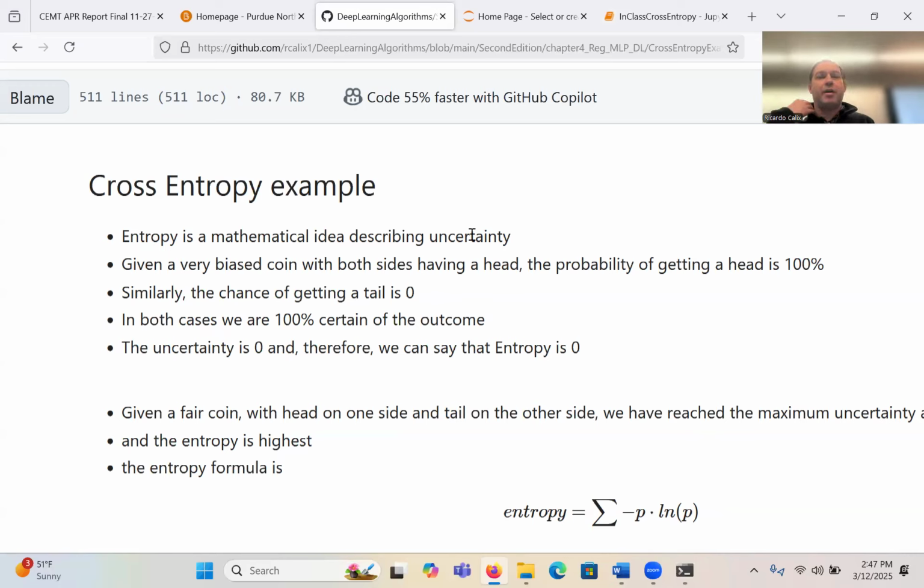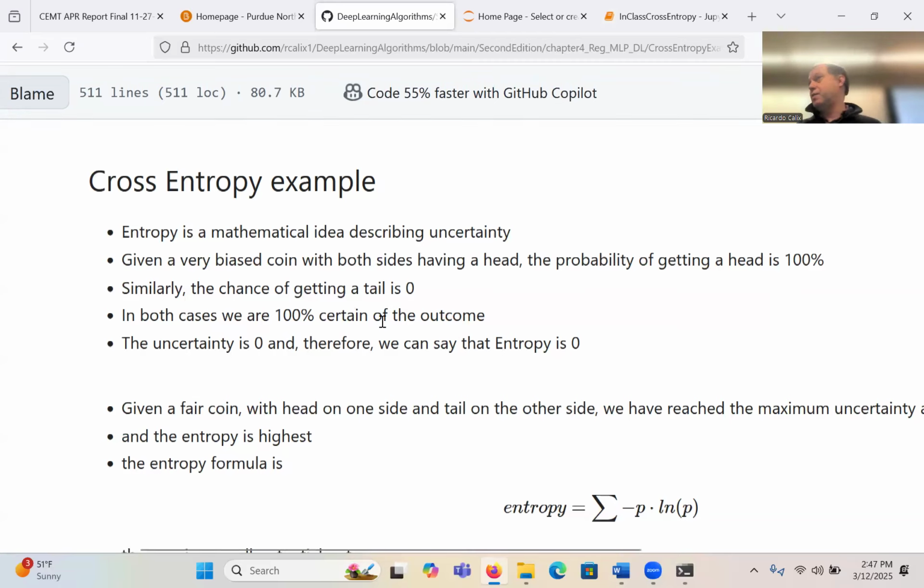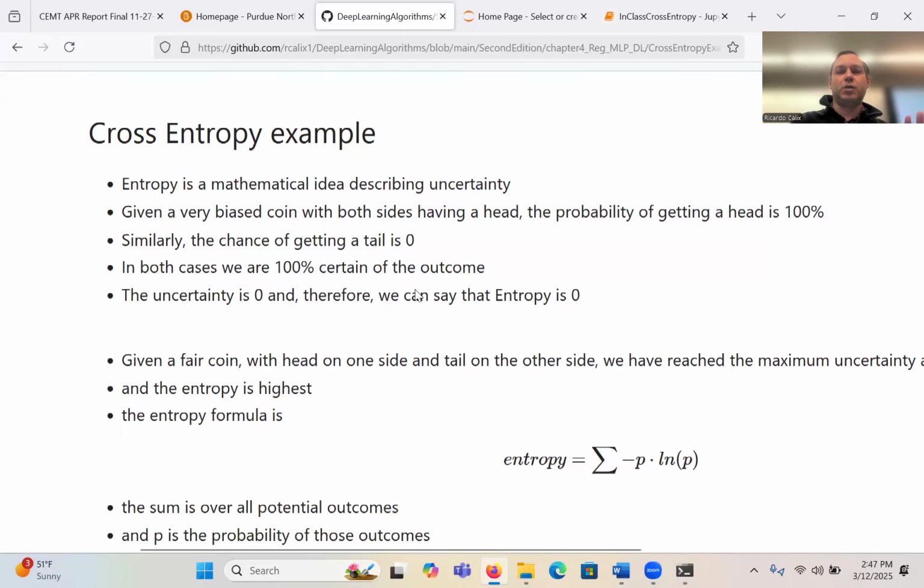Given a very biased coin with both sides having a head, so that's a coin that has the same head on both sides, then the probability of getting a head is what? 100%, right? That's very clear. So similarly, the chance of getting a tail for this coin is 0, right? Because you're not going to get that. So in both cases, the probability itself doesn't matter.